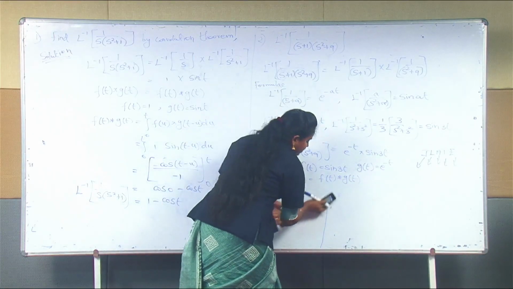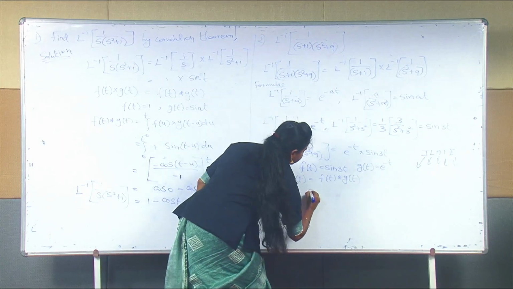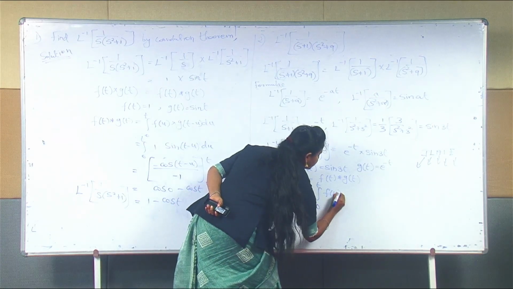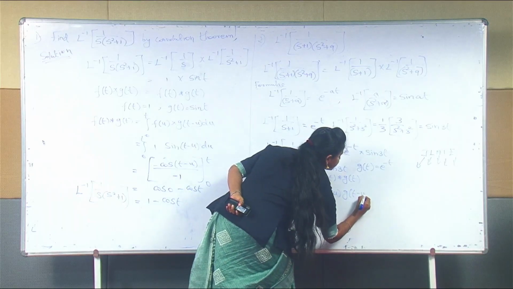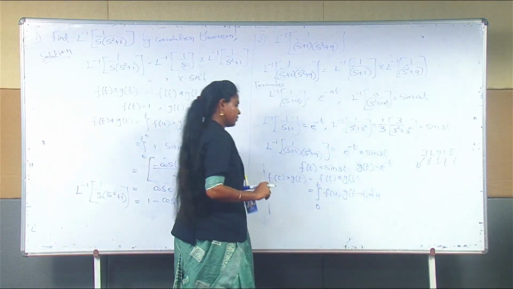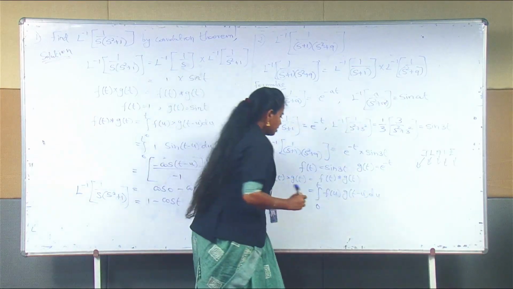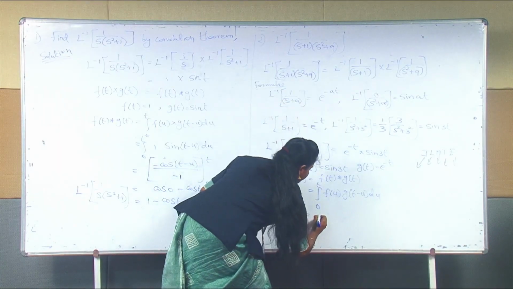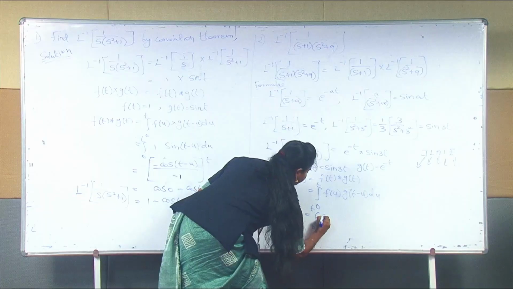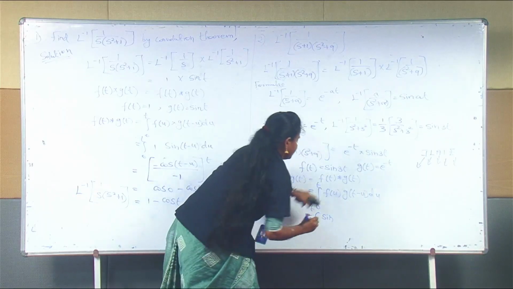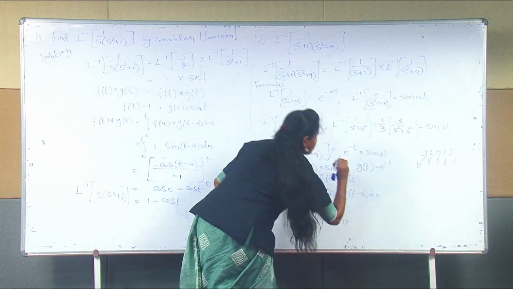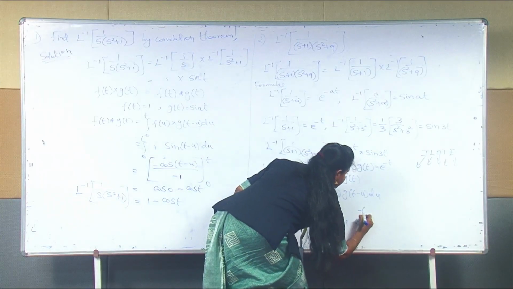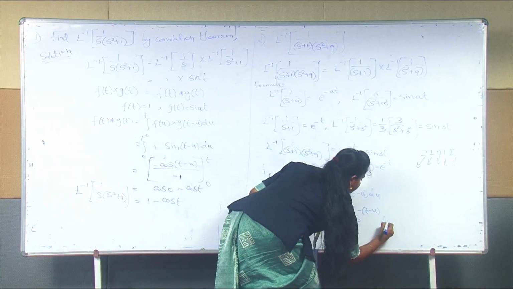Now we can find f of t into g of t, which is equal to f of t convolution g of t. Okay. So this has a formula: integral 0 to t f of u into g of t minus u into du. Here we are going to substitute f of u: integration 0 to t sine 3u, e power minus of t minus u into du.